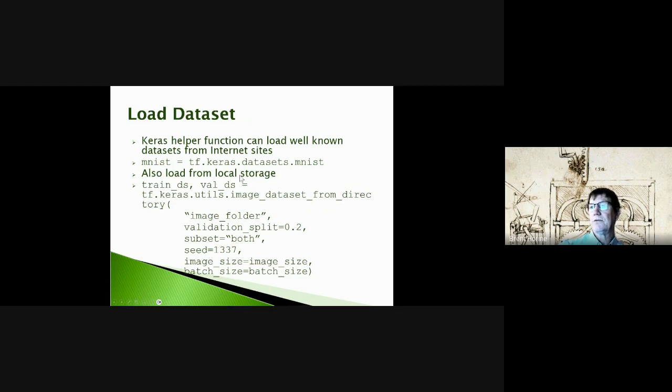Oh, we could also load from local storage, right? So we might have our own set of images, and we might have a path to that folder. And so we'll actually specify it there. And instead of image folder, that's going to be your path, or a variable holding your path.